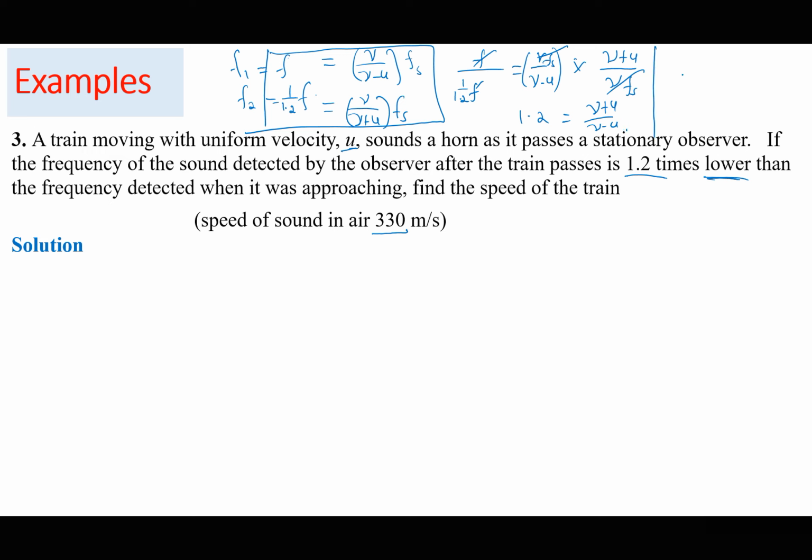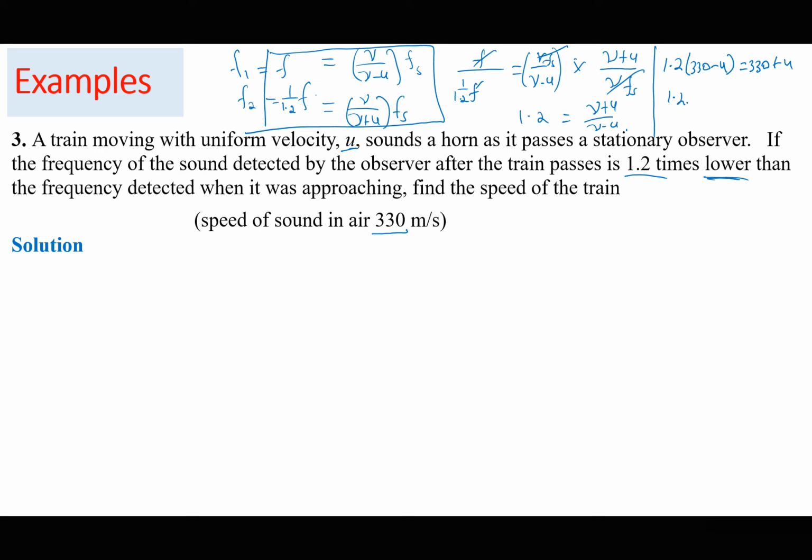So I just solve this because I'm trying to find the speed U. So I'm just going to substitute this. So I have 1.2 into V, which is 330, minus U is equal to 330 plus U. So you can open your brackets and collect like terms.